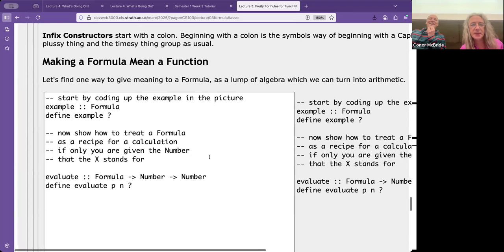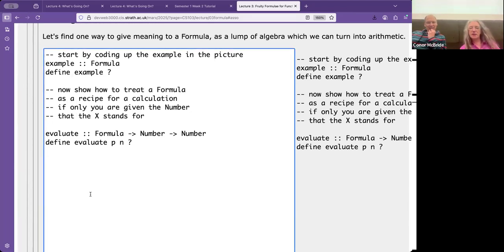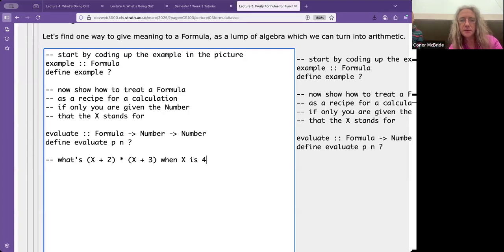Before we start, can you tell me, just using mathematics you learned at school, I've written a formula and I'm asking you what its value is when the variable takes a particular number.